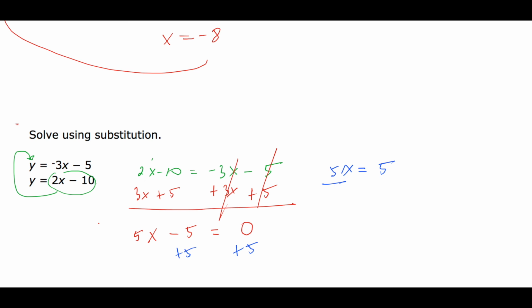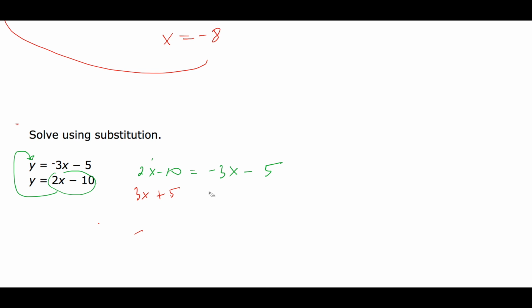So back up. The better way is to get everything with x's on one side, non-x's on the other side. All right. So what are we adding to both sides?